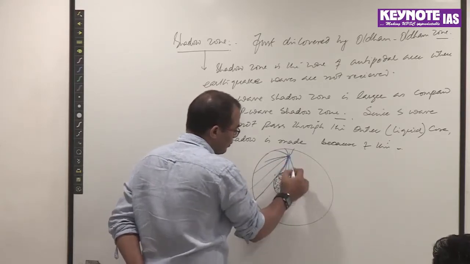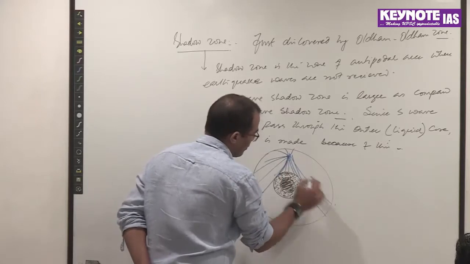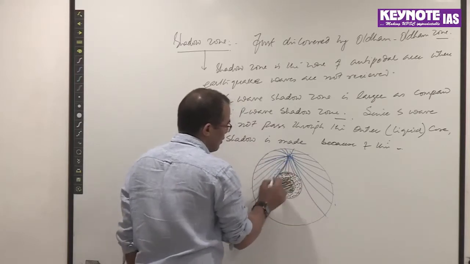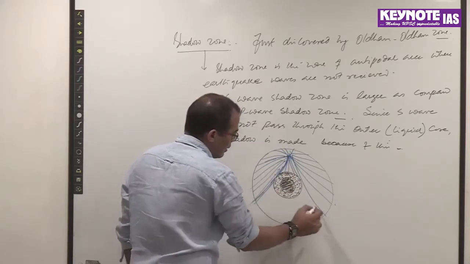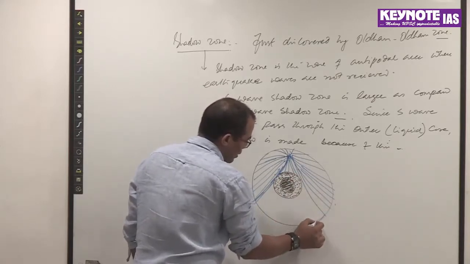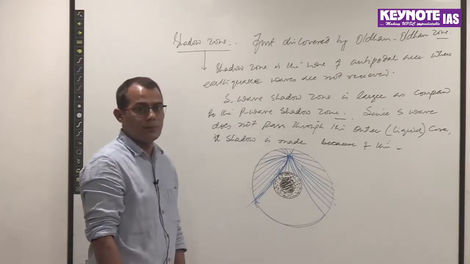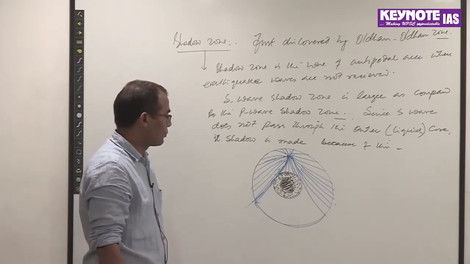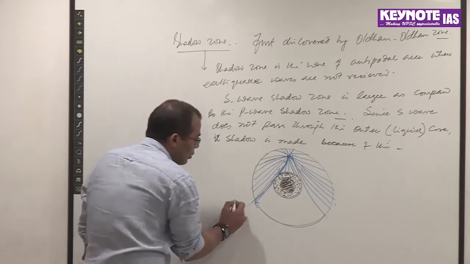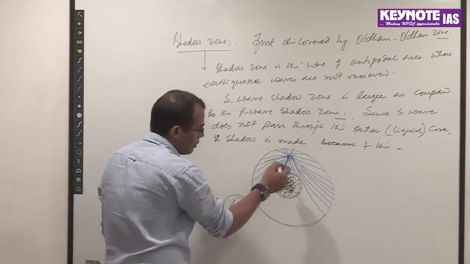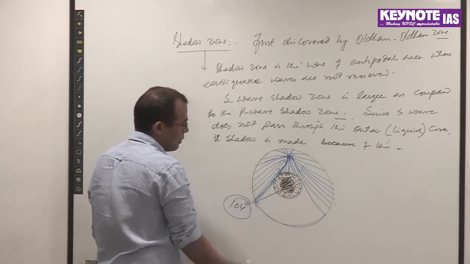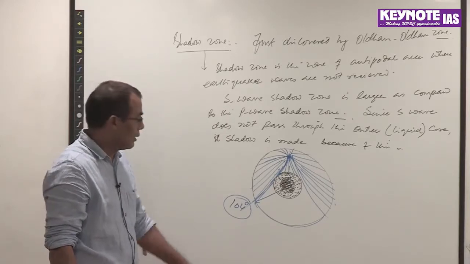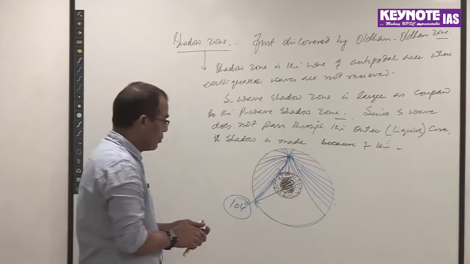So S wave will travel in all directions, and that's why the entire zone will be a shadow zone of S wave. 104 degrees generally, if you make this as an angle. This is the shadow zone.